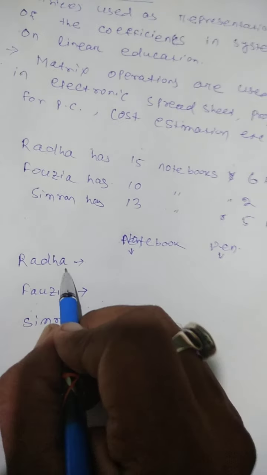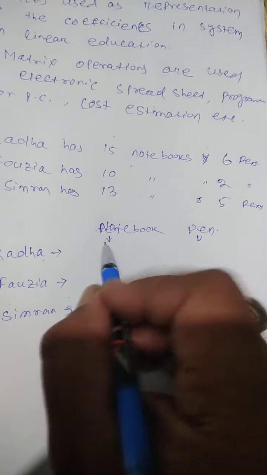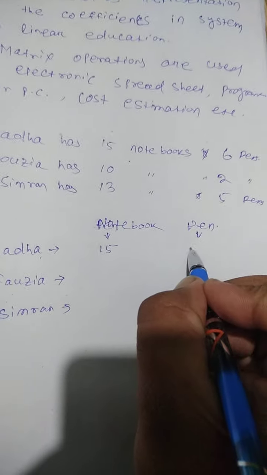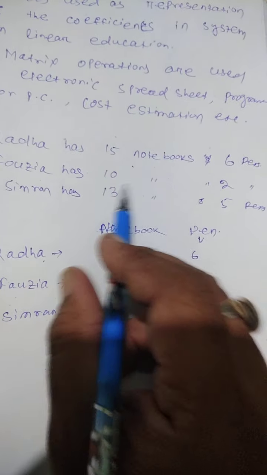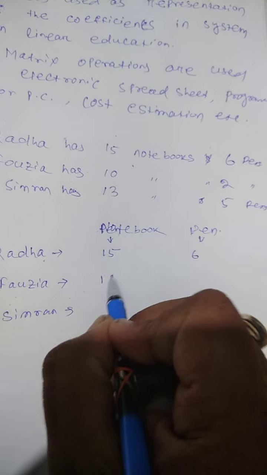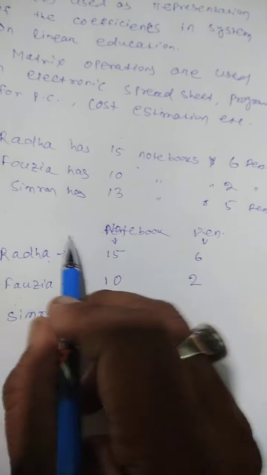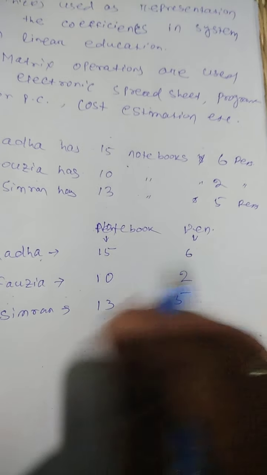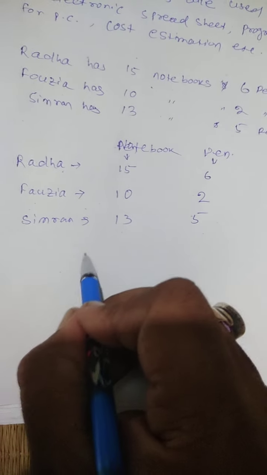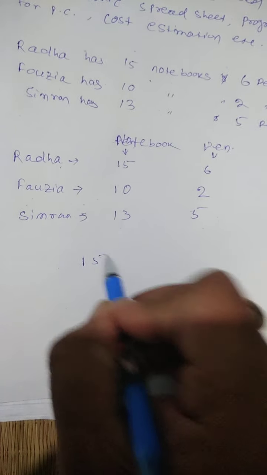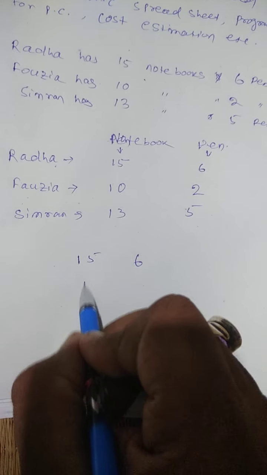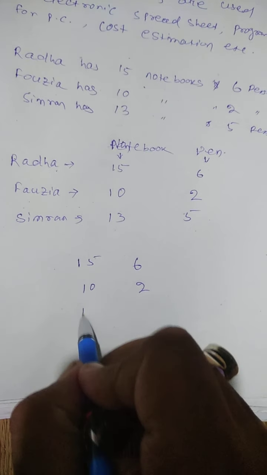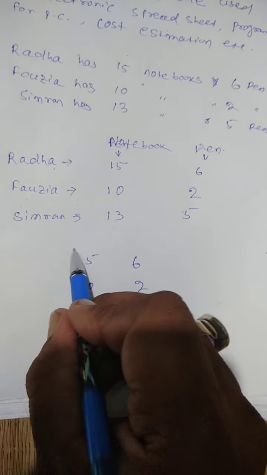Now Radha has 15 notebooks, 6 pens. Here write 15 and here 6. Fauzia has 10 notebooks and 2 pens: 10, 2. And Simran has 13 notebooks, 5 pens: 13, 5.